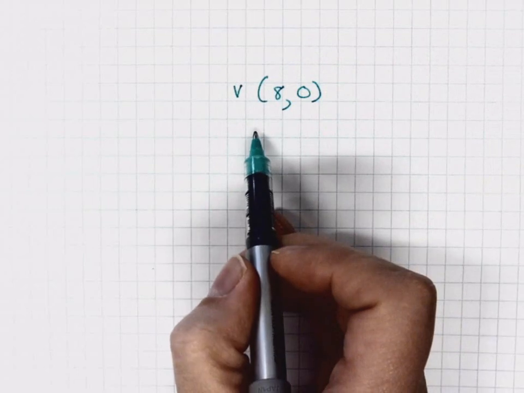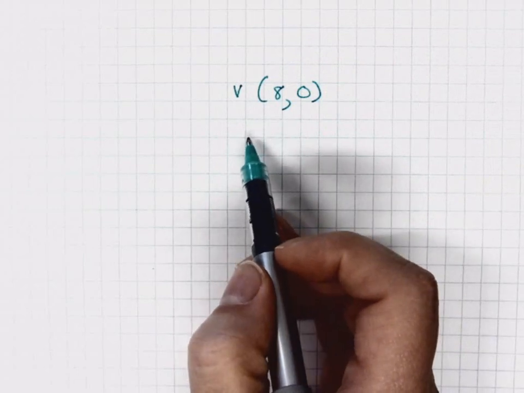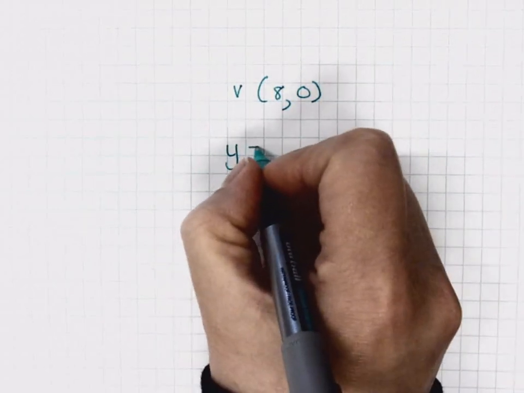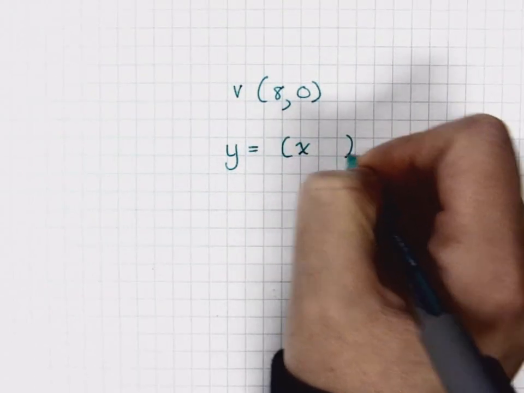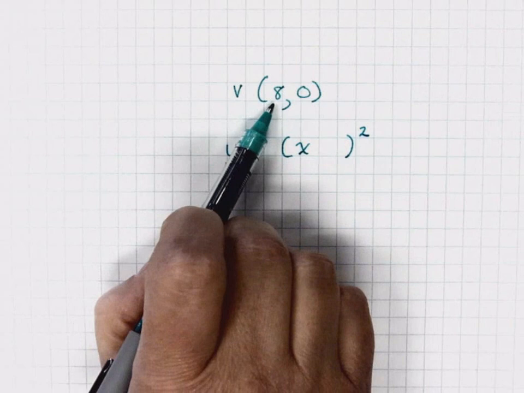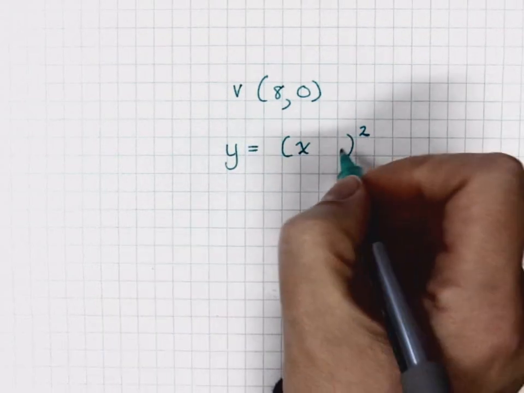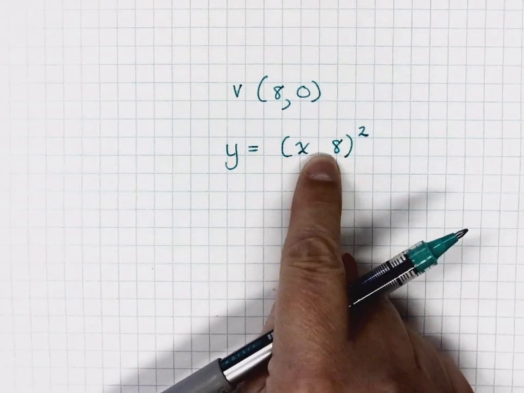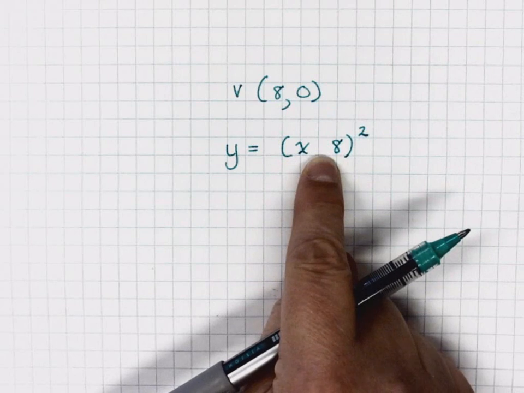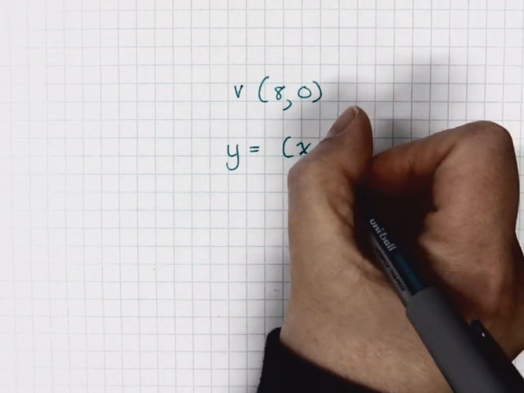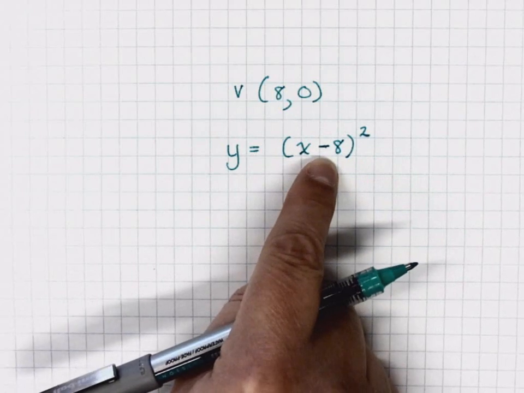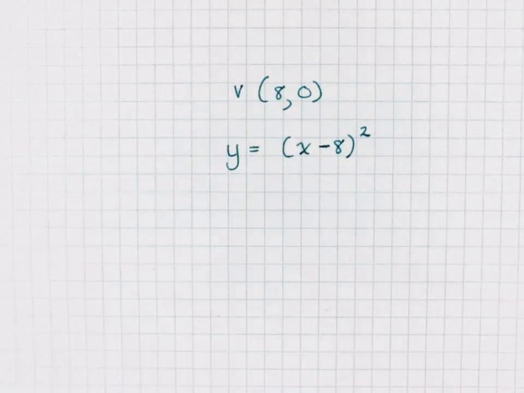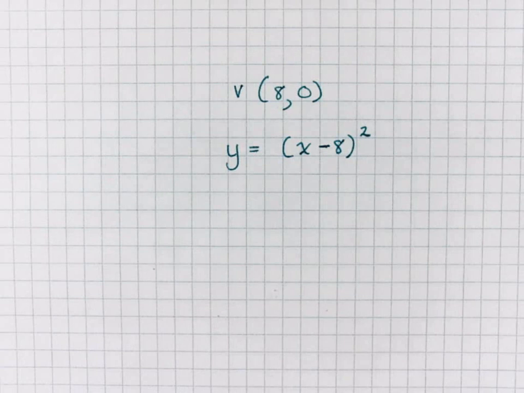If we were to put this in vertex form, we'd have y equals, and we said a was 1. So the x portion goes in here, but what's the sign? Is it plus or minus? Minus. It's always going to be opposite, right? So if it's a positive 8, then in the brackets it's a subtract 8. So if you haven't done that question, look at that. You just got that answer.